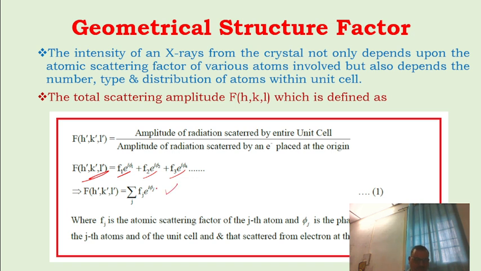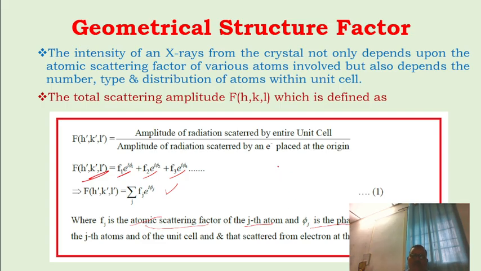We can write this in the summation form. fj is the atomic scattering factor of the jth atom, and φj represents the phase difference between the radiation scattered from the jth atom of the unit cell and that scattered from the electron at the origin.